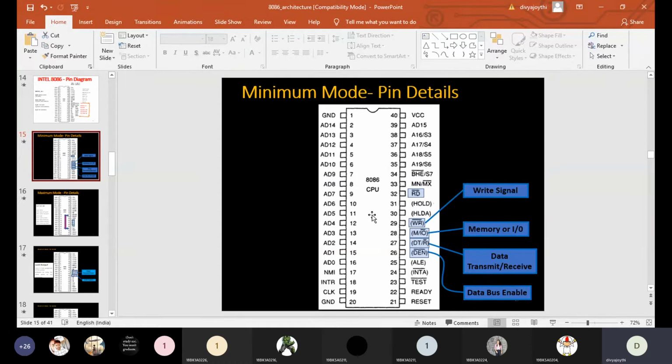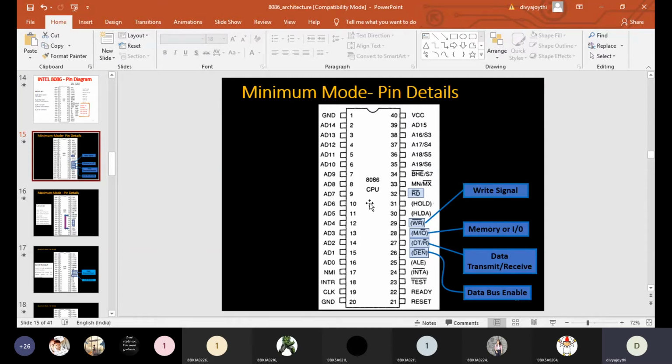I'm repeating this statement: if processor 2 wants to take control of the bus signals of processor 1, then it will send that request through pin number 31, saying I want to hold, or take control of, the bus signals related to processor 1.